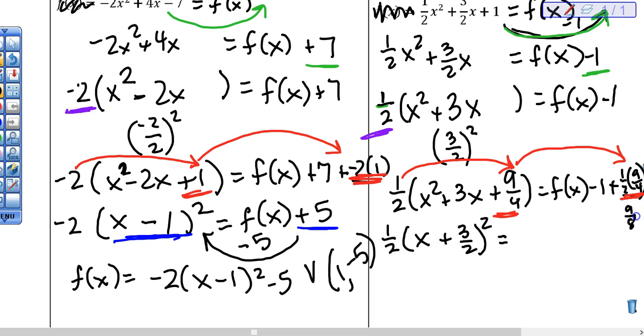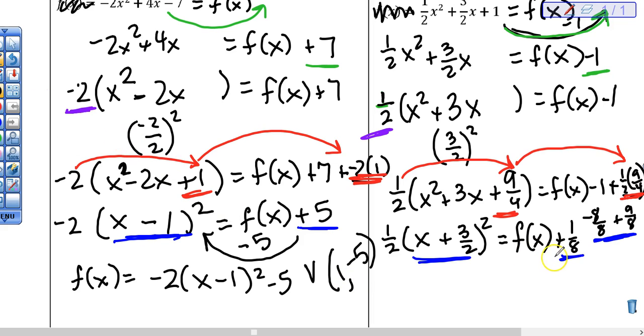Do you agree? 1/2 of 9/4 is 9/8. So I'm going to convert -1 to -8/8 plus 9/8 so that I can add those together. And I believe that gives me positive 1/8. So factored the left, simplified the right, and that was my simplification process.